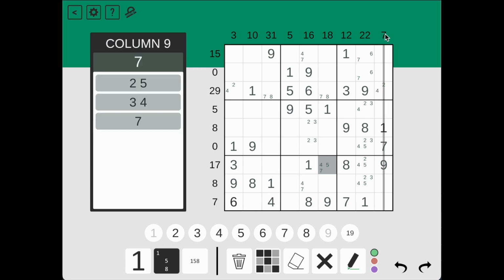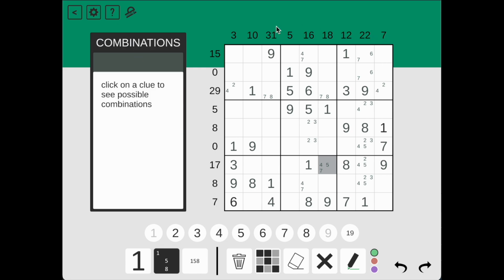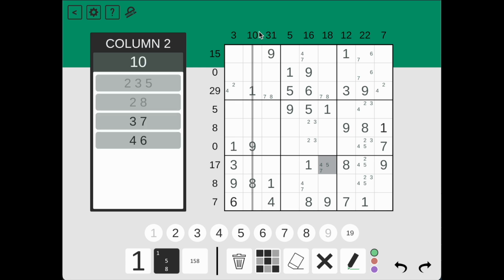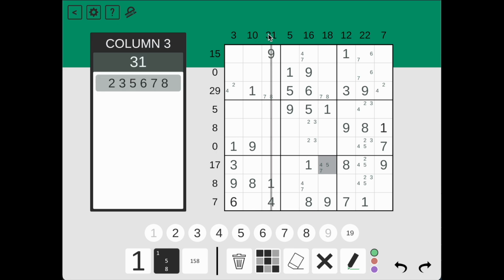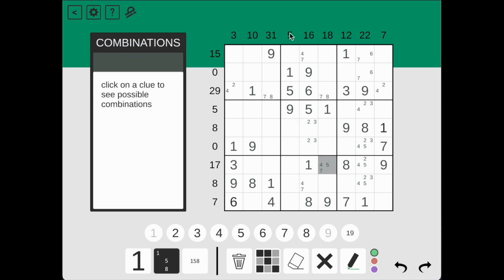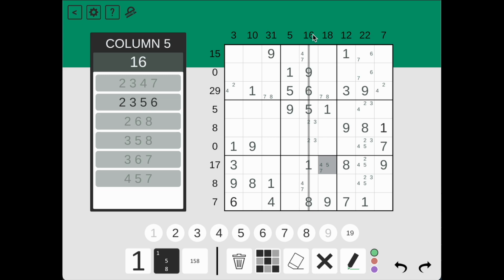Let's see. Let's go ahead and do these real fast. Let's review 3. Don't have anything down here yet. It's pretty much all the digits. 15. 18. So it's 4, 5, or 7.